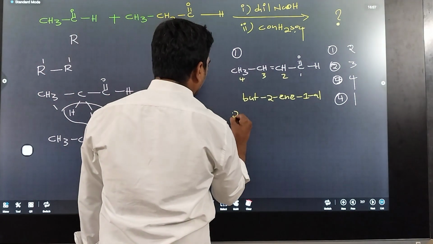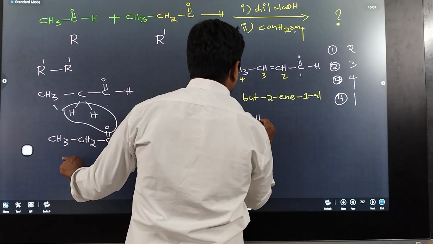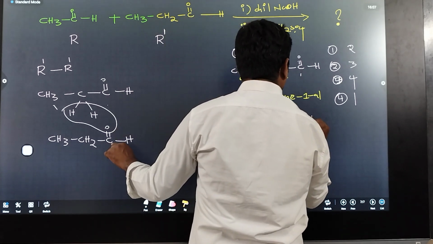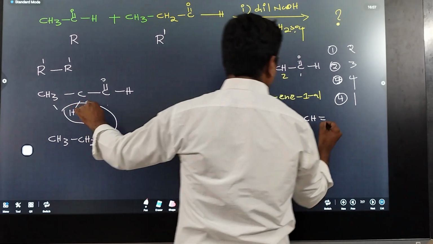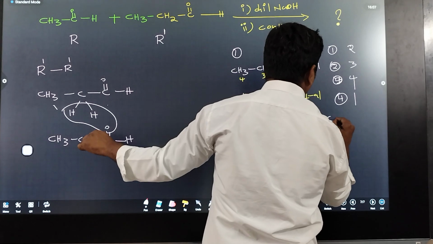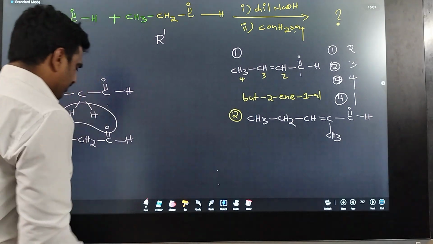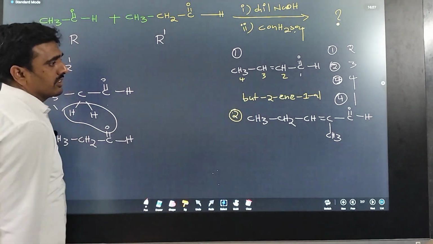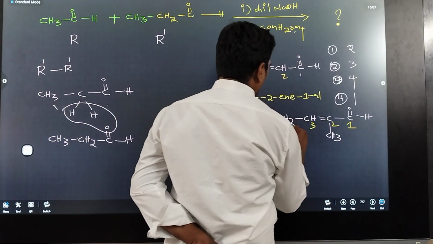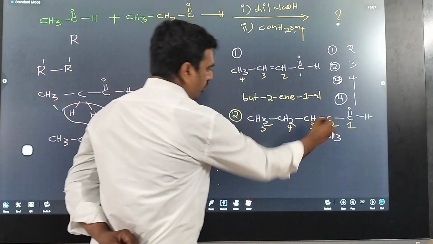So the second product: CH3, next CH2, CH double bond C. This carbon is connected to 1 methyl, next C double bond O H. This compound name is, 1, 2, 3, 4, 5, root word is pent.